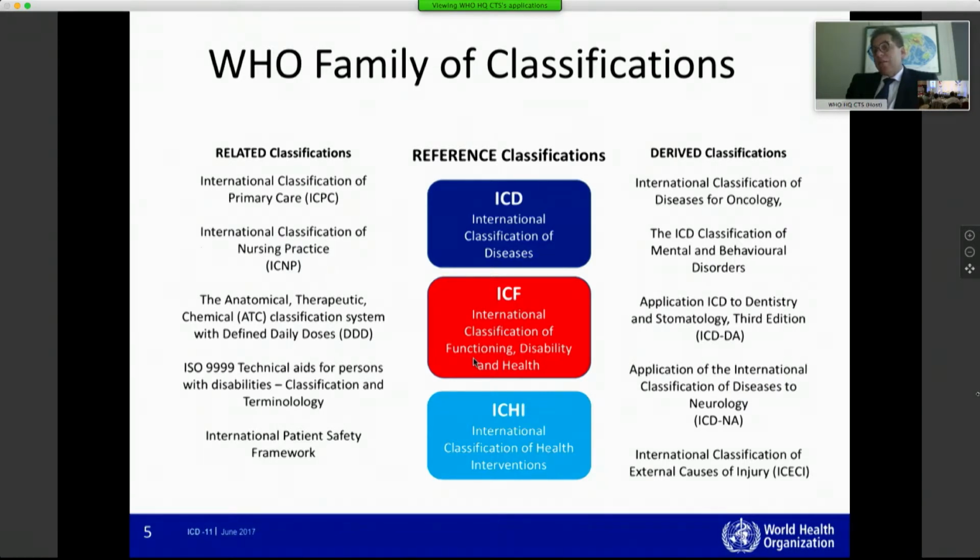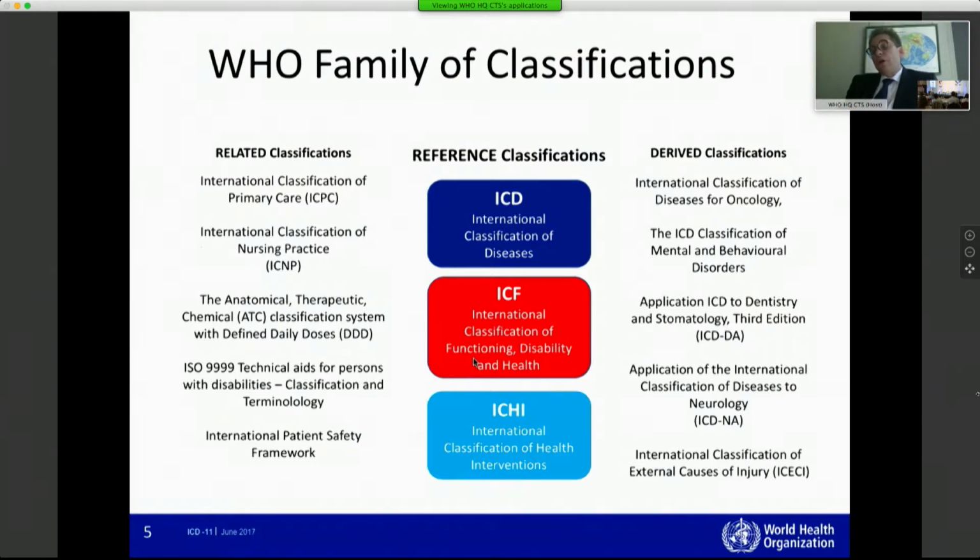Nevertheless, we will have derived classifications. You see here on the right-hand side of the screen a range mentioned: oncology, many may know; mental and behavioral disorders, many of you will know, and there are others that currently exist in ICD-10 and will continue to exist in ICD-11. But they will no longer exist as standalone products maintained by one or two people over a short while and then vanish; they are part of this ICD core structure and are derived technically from it.